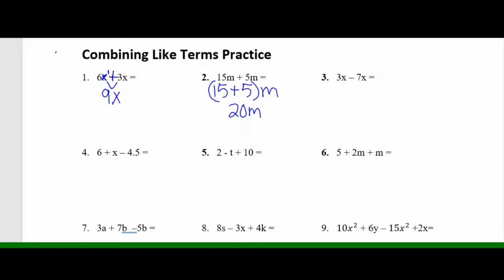Next, we have like terms, 3 times x minus 7 times x. This is more of a 7th grade standard because we notice that 7 is larger than 3, so we've been told that we cannot take 7 away from 3.